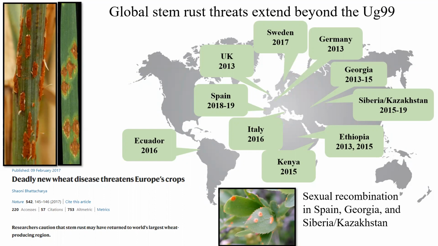In some countries, like in Siberia, Ethiopia, and in Spain, there was evidence of sexual recombination, where scientists found aecia formation on the leaf surface of barberry, which shows that this fungus is actually undergoing its sexual cycle.